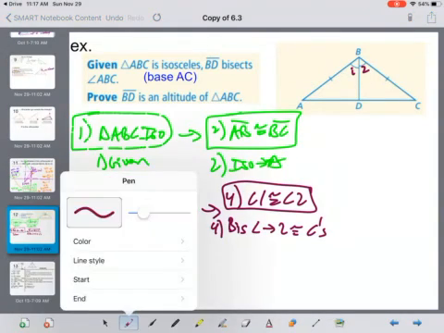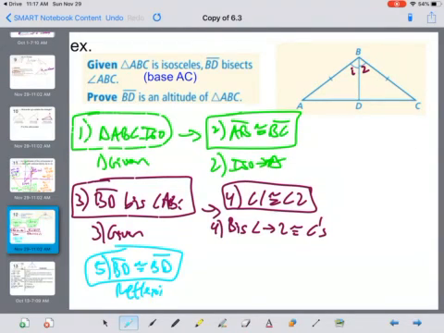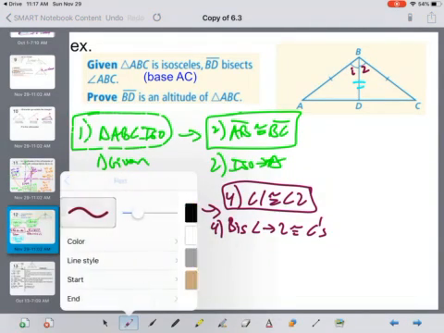And then when I use my reflexive property of BD, I can say that my triangles are congruent to each other.